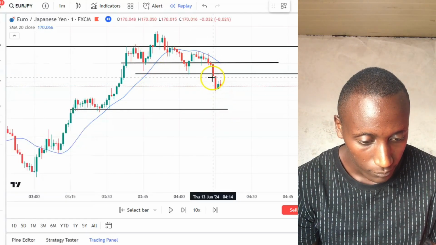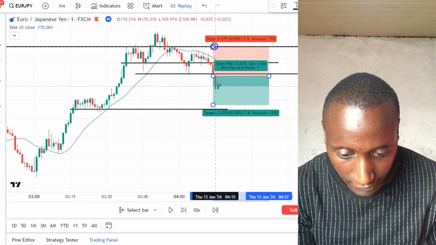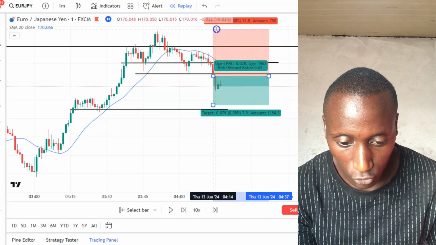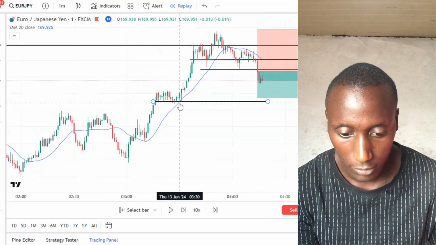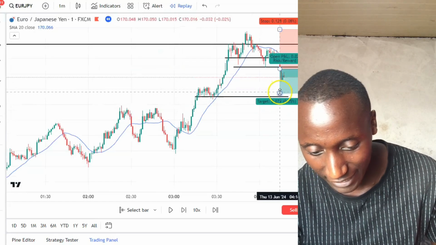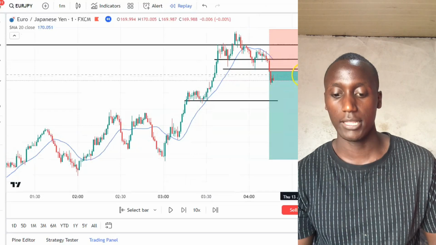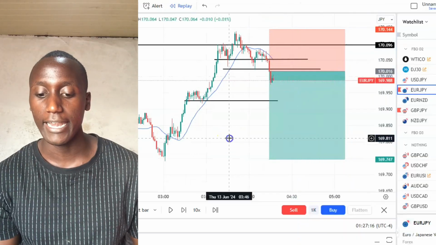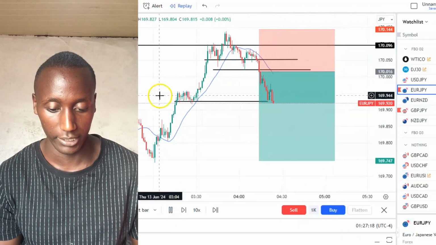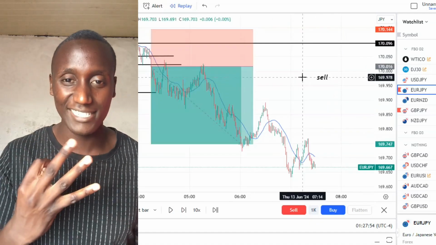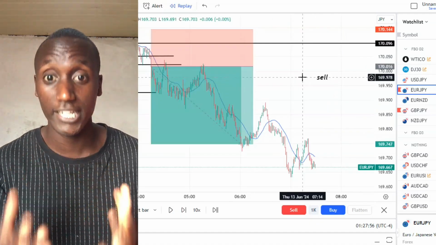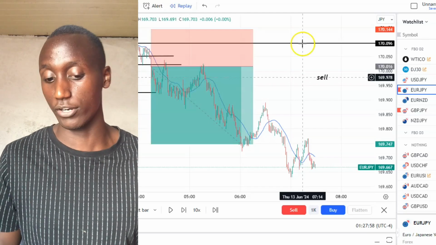So now I can get in here, I can put my stops above this level, and then I can target 1 to 2 like that, and then I let the market do its thing. So those are the 3 signs that the market will tell you we are about to reverse.